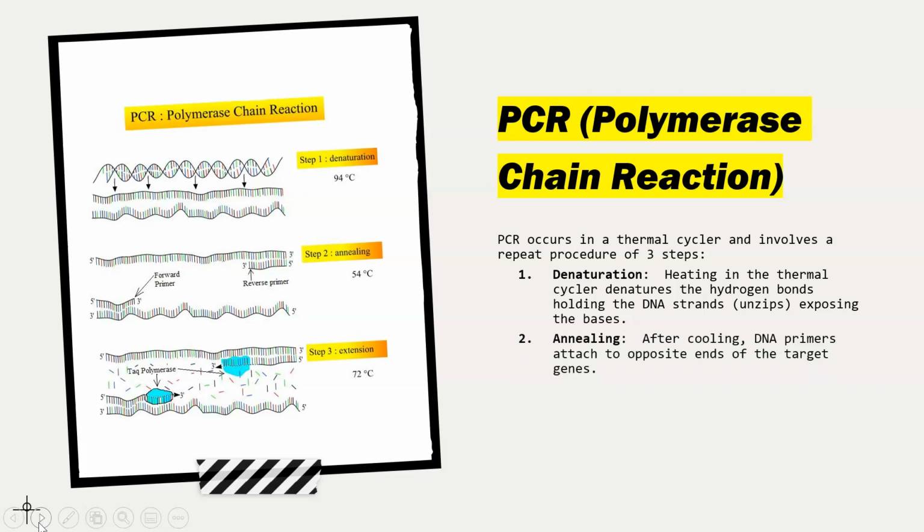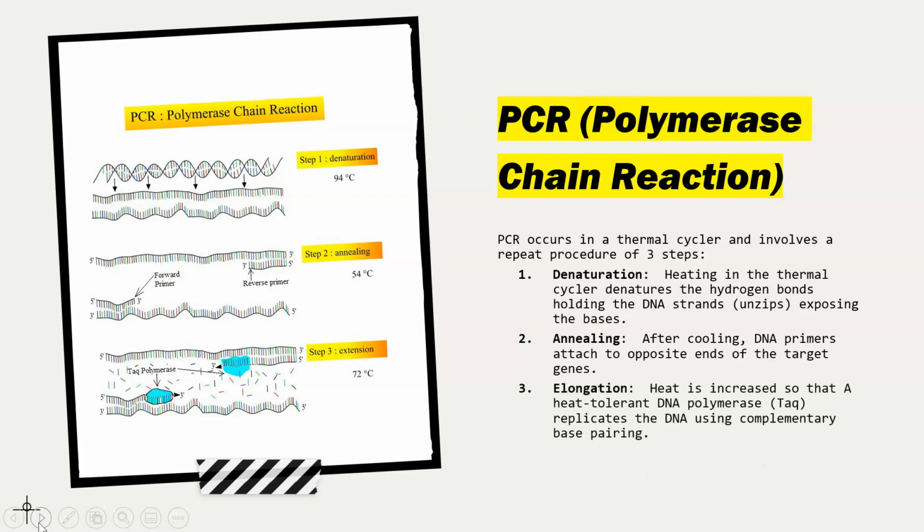Secondly, we have the process of annealing. So this is after our unzipped DNA has been cooled. DNA primers then attach to the opposite ends of the target genes. So you can see your primers, you've got your reverse primer and your forward primer moving along. And then in elongation, which is step 3 there, you can see it's called extension on the diagram, but we'll call it elongation.